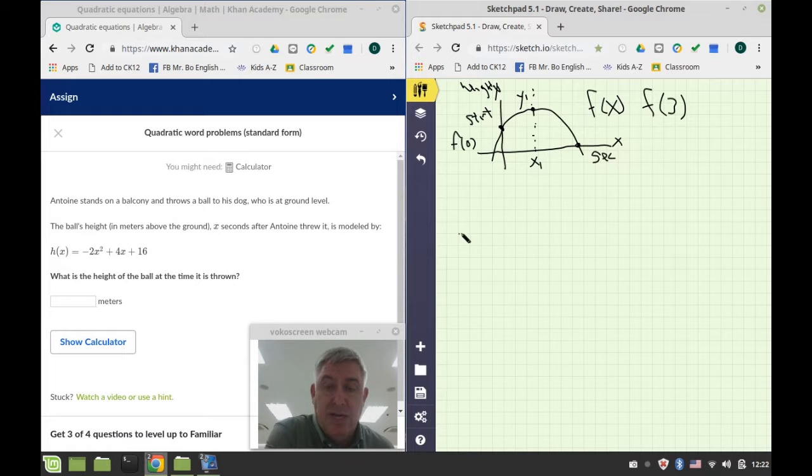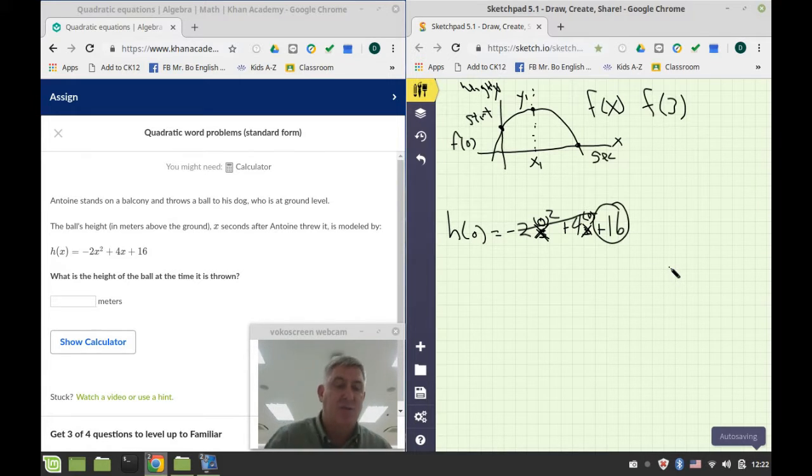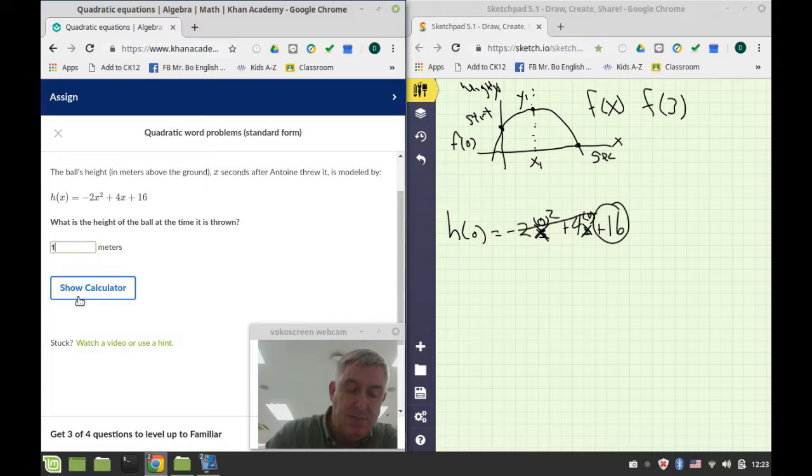And in this case, it's h. h of 0 is equal to negative 2 x squared plus 4x plus 16, and then this x is going to be 0 squared, and this x is going to be 0, so we are left with 16. So this is the y-intercept, right? And I taught you before, c is the y-intercept. So we're at 16 meters.